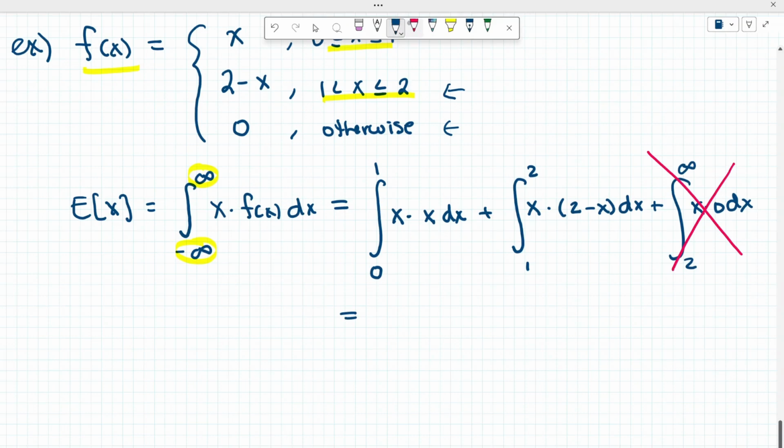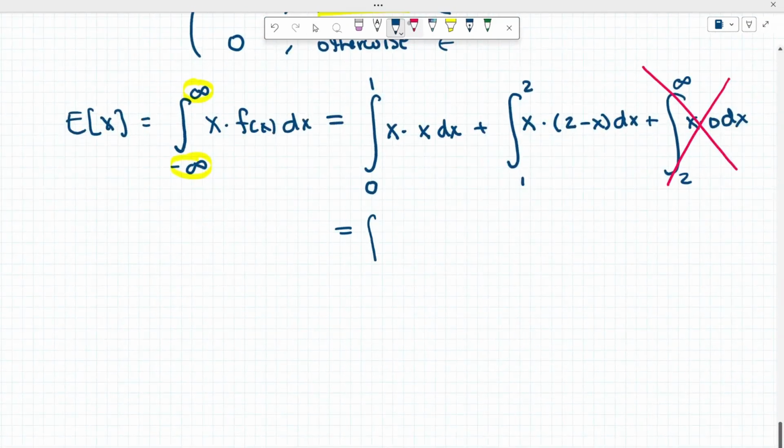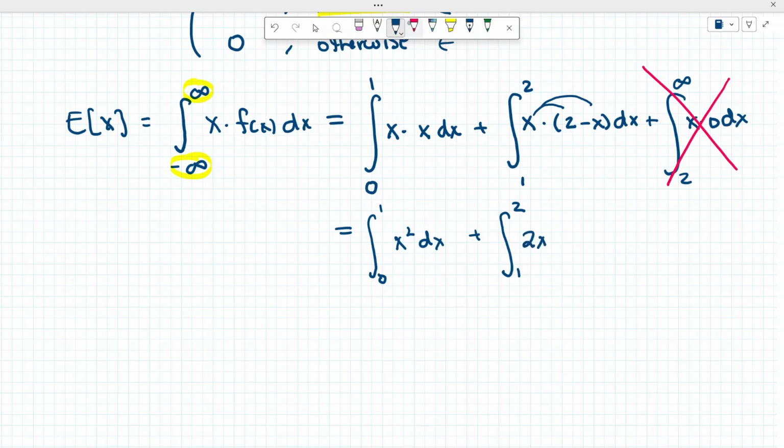If we simplify this out, we get the integral from 0 to 1 of x squared dx plus the integral from 1 to 2 of, if we expand this out, 2x minus x squared dx. So these are decently simple integrals to follow.